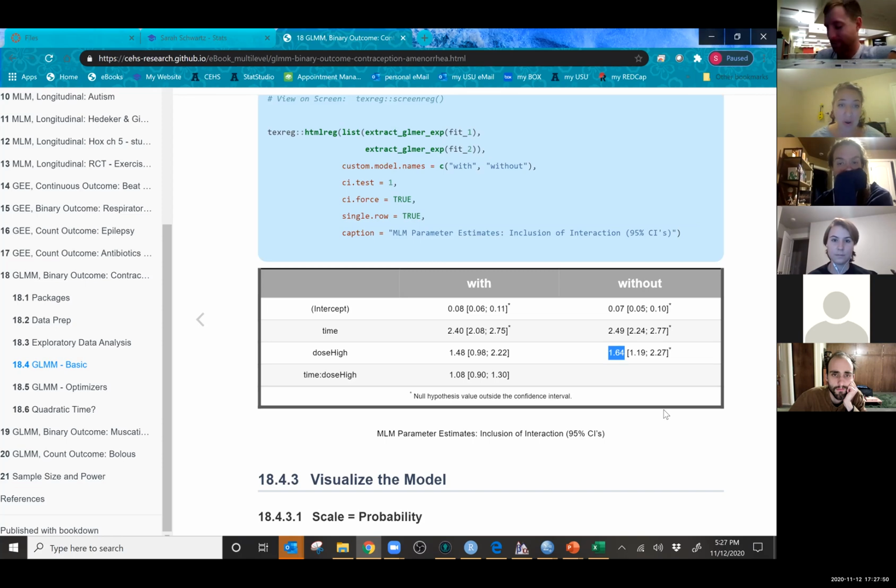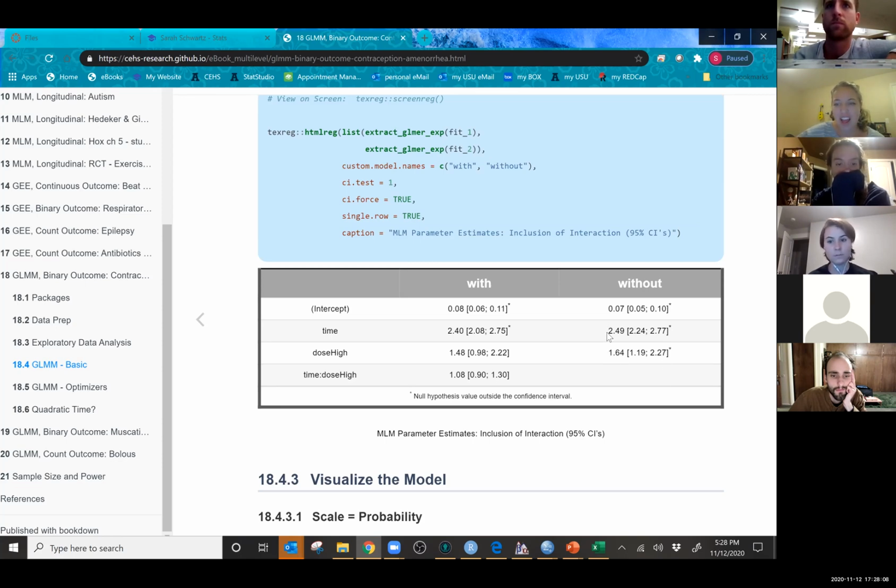Women on the high dose have 64% higher odds of experiencing amenorrhea at a given time.